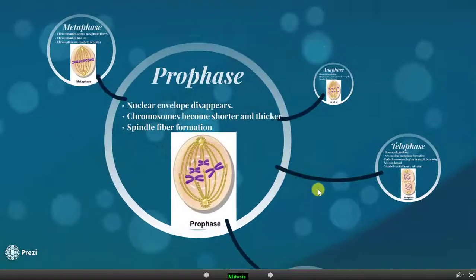To begin with, prophase is the first step of cell division, in which firstly the nuclear envelope disappears and the chromosomes become shorter and thicker. Later, it will be followed by formation of spindle fibers.